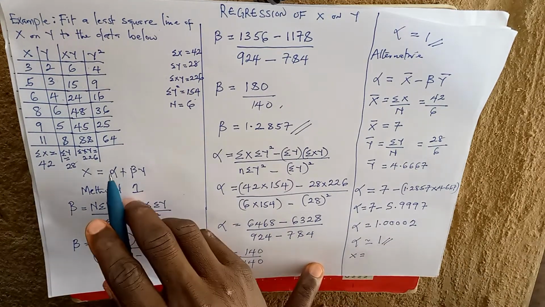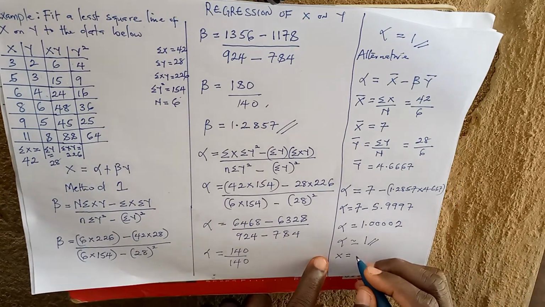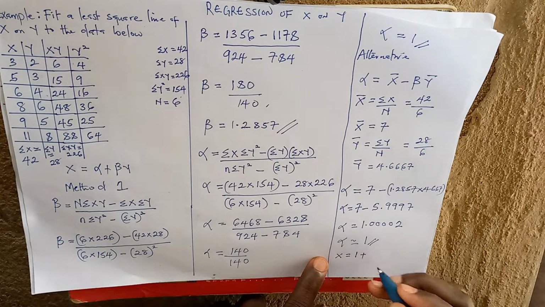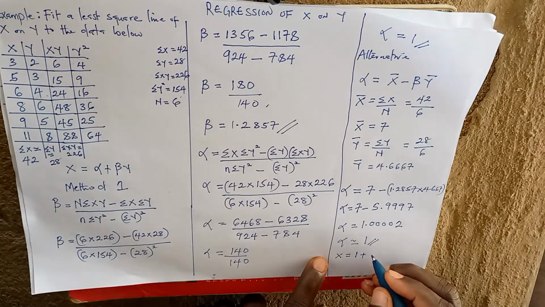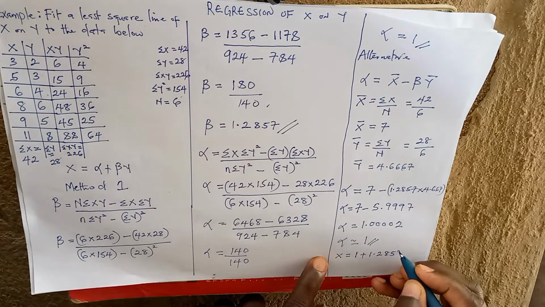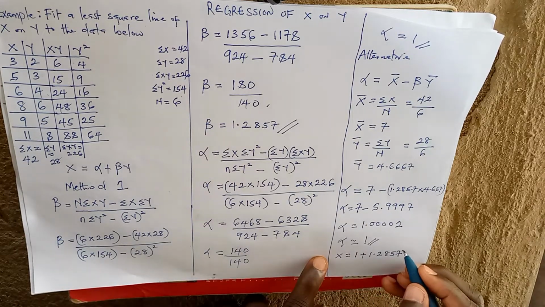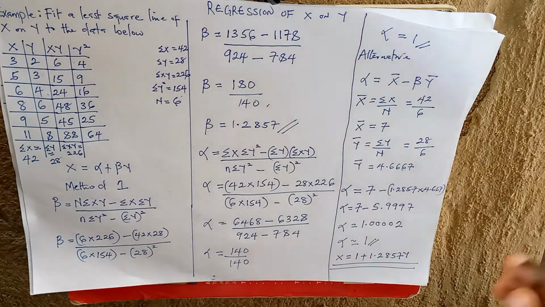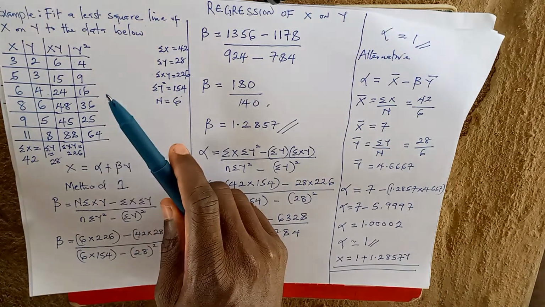Now substitute the values of the coefficients back into this model, and we have x equals alpha, which is 1, plus our beta, which is 1.2857, times y. So this is the regression model of x and y in this example.